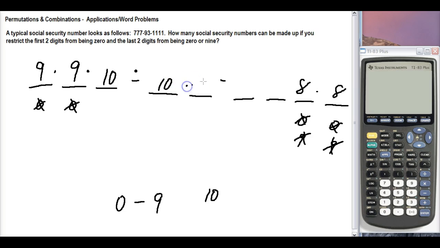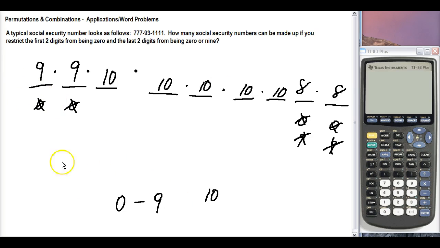So we have the full 10 for each of these. Okay, so now that we know that, if we want to figure out the total number of Social Security numbers that we could have with these restrictions here, then all we have to do is just multiply all these numbers together here, okay?